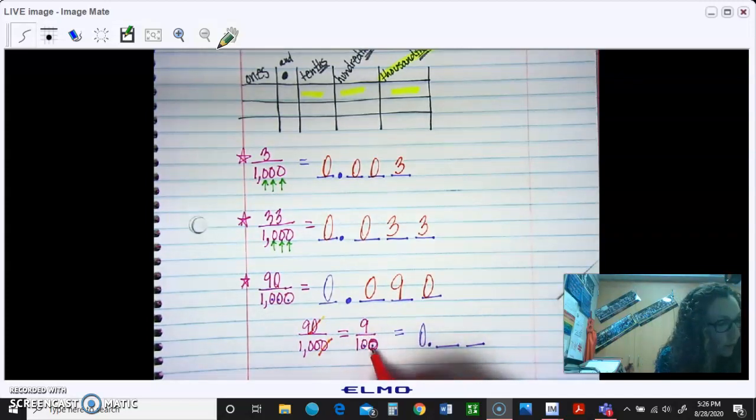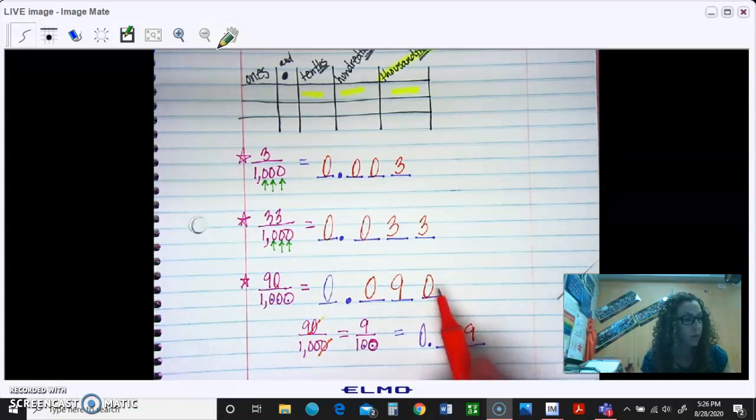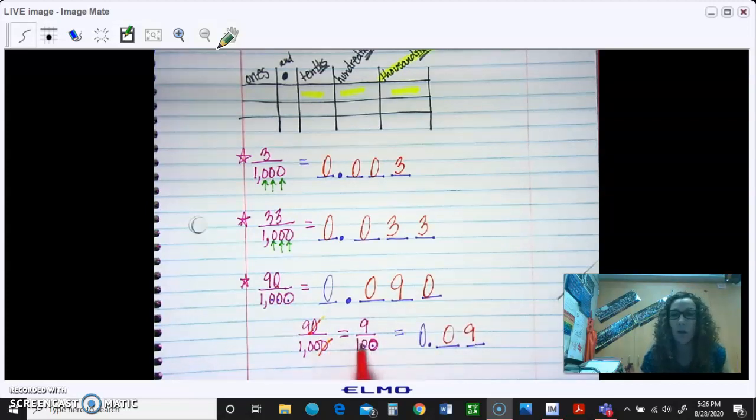The 9 is what has to end our decimal, so it goes there, and we put a place value. So these are equivalent to each other, just like these are equivalent to each other. It's the same amount. Okay, let us do another sample.